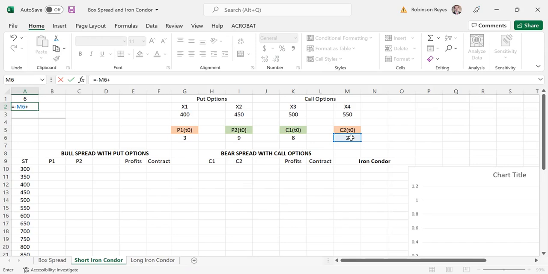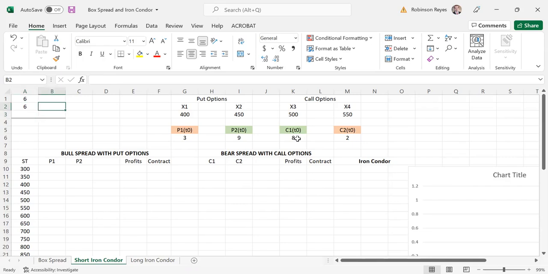And then we're going to sell the low strike, which is X3, and the premium is 8. So once again, we have a $6 net cash flow. And now, if we keep in mind that each option contract controls 100 shares, then we can multiply this by 100, and we can multiply this by 100.